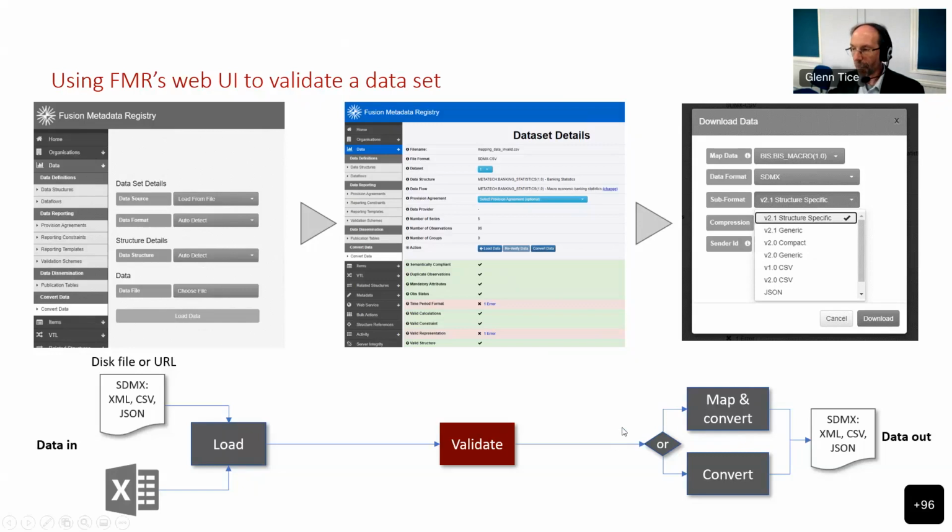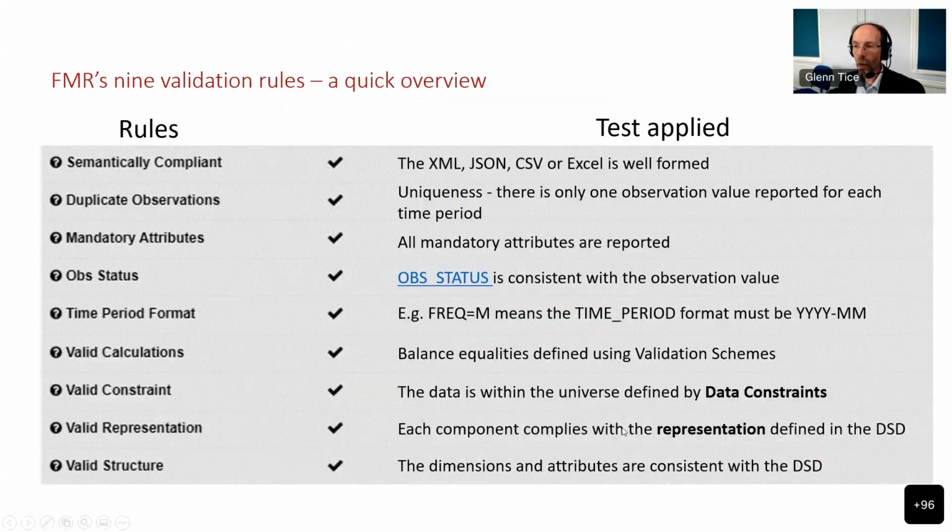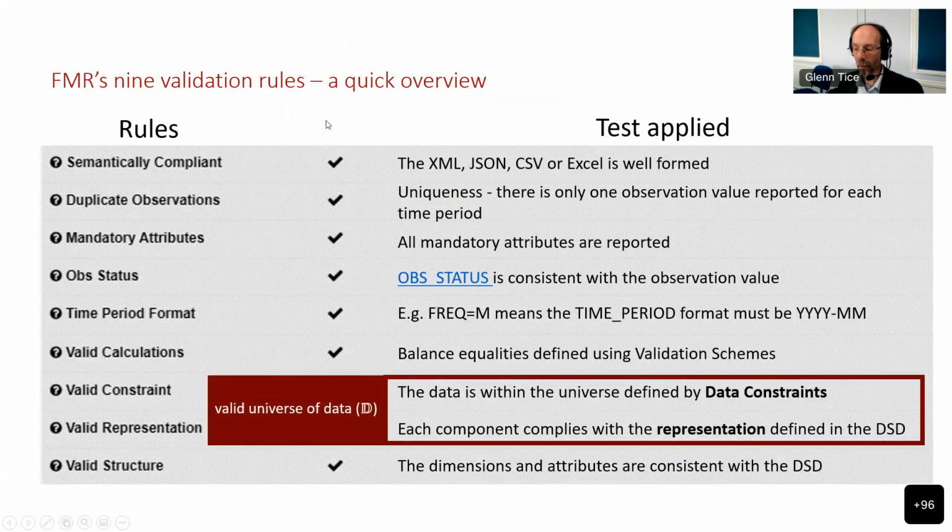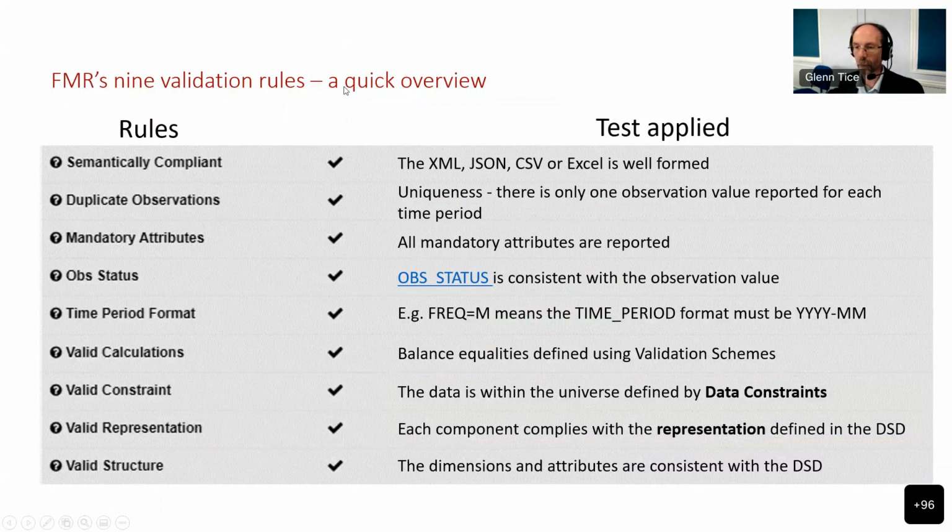So let's move on. So we saw in Fusion Metadata Registry, in the actual online demonstration there, that there were a number of rules available. In fact, there are 9 separate rules in total. So it's probably worthwhile explaining what these are individually, just so that we have a comprehensive view.